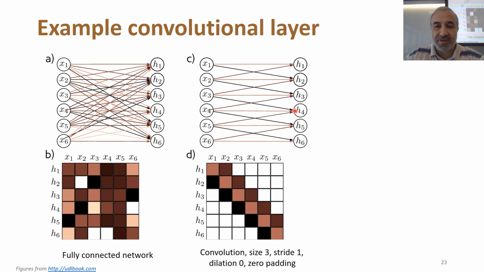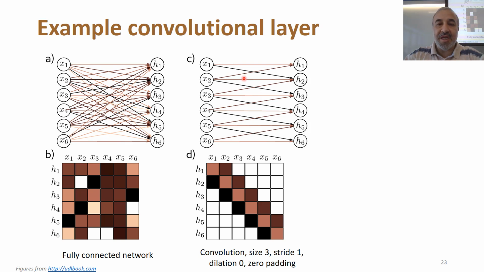And you can see h4 is also a weighted sum of 3 nodes, and so on. So the kernel size here is 3. How about the stride? It's 1, because we are shifting by one, keeping the same size as the input. Okay, so its stride is 1. How about dilation? 0, because you can see that we are not skipping anything within the kernel.